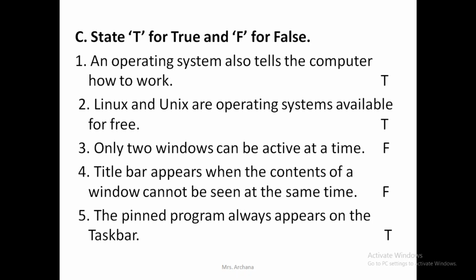Only 2 windows can be active at a time. False. Many windows can be active. Title bar appears when the contents of a window cannot be seen at the same time. Answer is false. The pin program always appears on the taskbar. True.